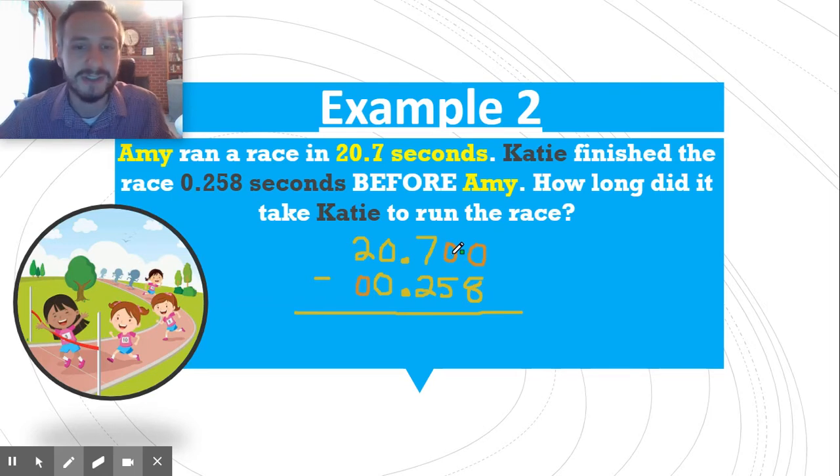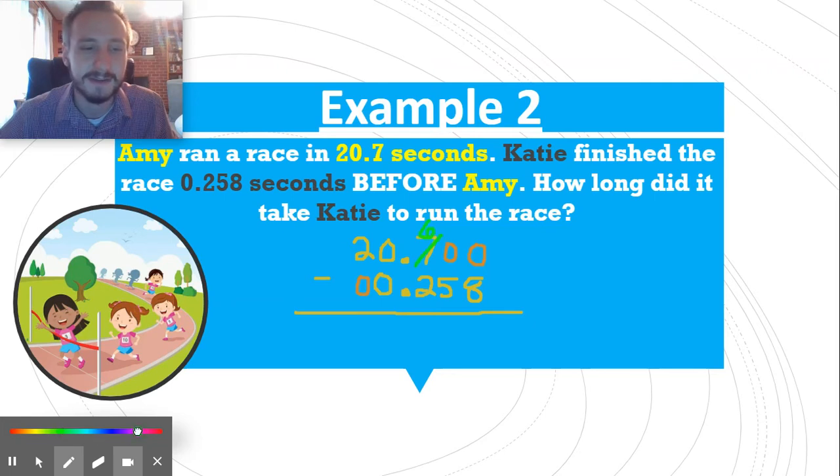But there's an issue. Does our neighbor have anything? No, so that's not going to help us. Now we have to look to our next neighbor. We have a 7. Let's take a whole amount from 7. This becomes 6. Let's choose a different color. That's kind of hard to see, isn't it?